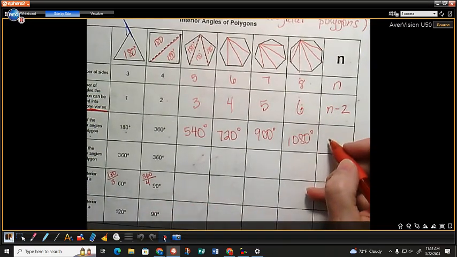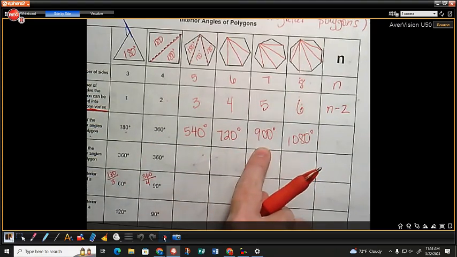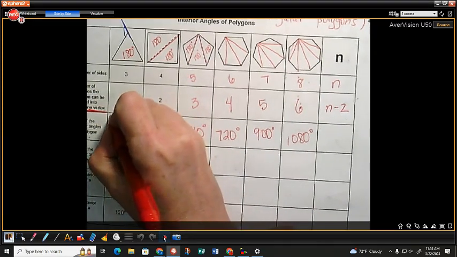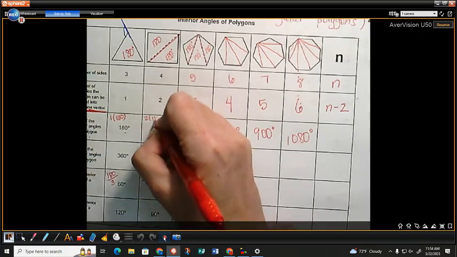What about if I don't know the number of sides? Can I still figure out how many degrees are inside that polygon? Probably. How did I get each of these numbers? I took the number of triangles and multiplied it by 180. The number of triangles is n minus 2.